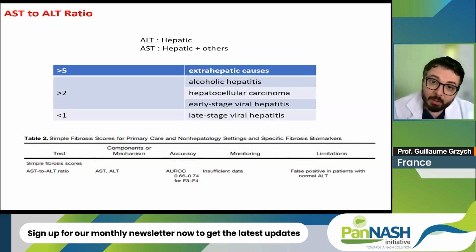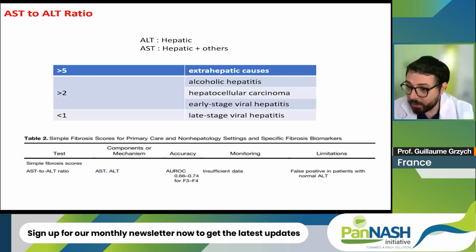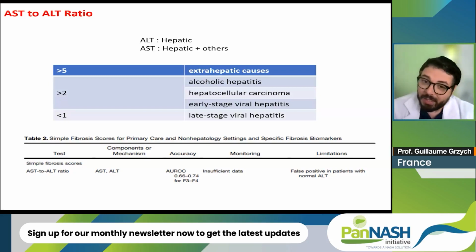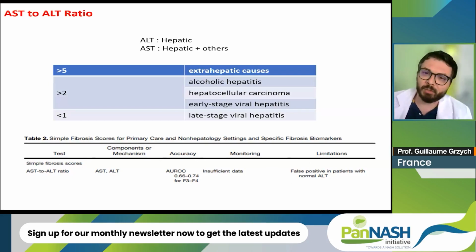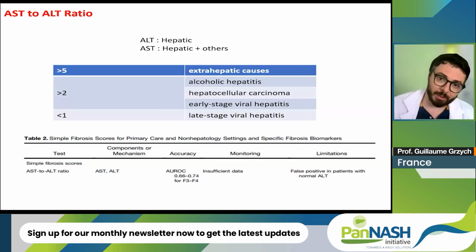But as you can see in the paper published by our colleagues, there are insufficient data for the use of the AST-to-ALT ratio to make the diagnosis of fibrosis. You have an area under the curve around 0.6, without good external validation. And you could also have false positives in patients with normal ALT. So it's not very good to use transaminases.